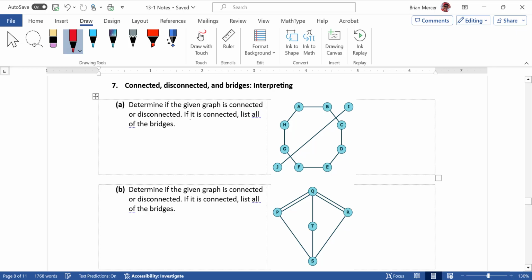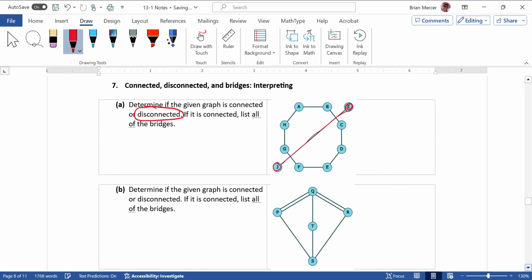So first of all, you look at this, and if you look at I and J, that edge that connects I and J, there's no way to get from I or J into that sort of circular shape. So I and J are already disconnected from the rest. So it is not connected. So this one is definitely disconnected.